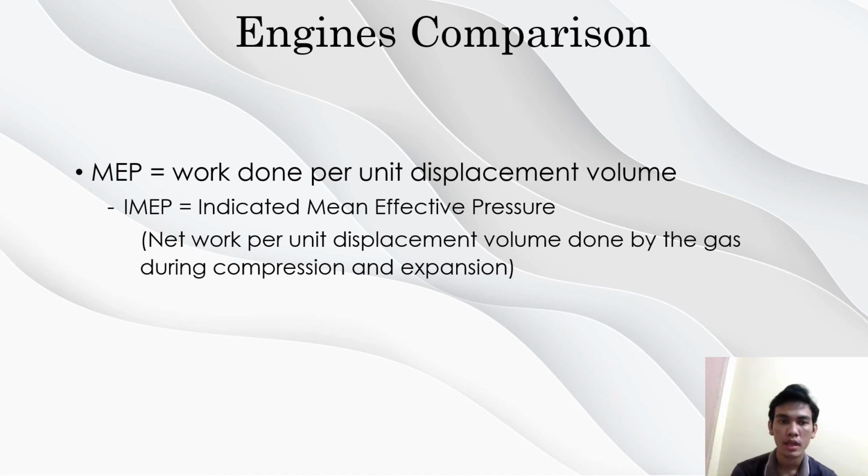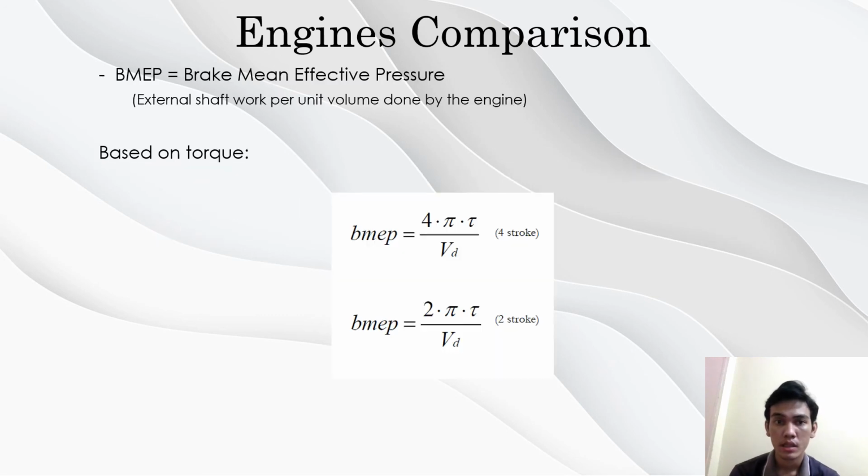The first one is IMEP, indicated mean effective pressure, which is the net work per unit displacement volume done by the gas during compression and expansion. BMEP is the brake mean effective pressure based on the external shaft work per unit volume done by the engine. So these are the formulas for 4-stroke and 2-stroke engines.